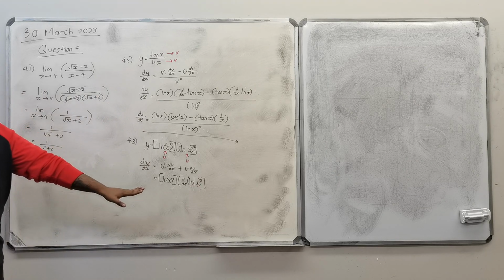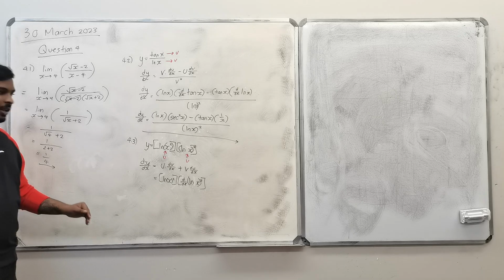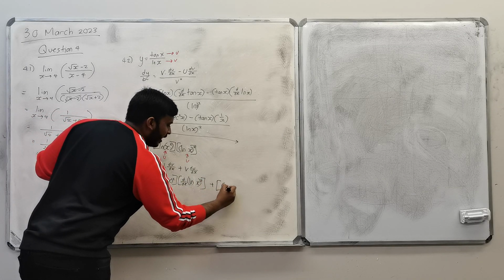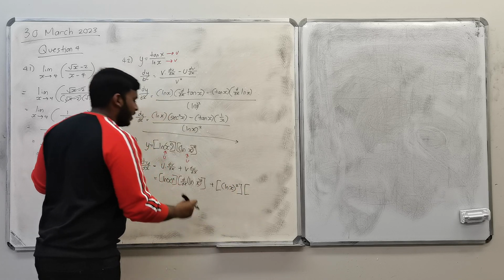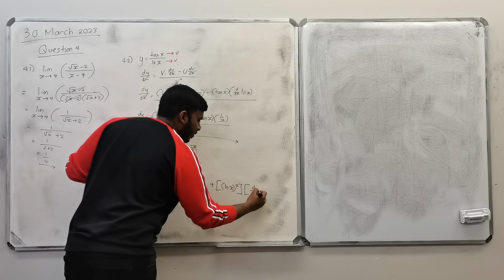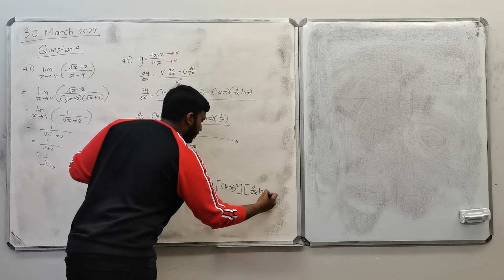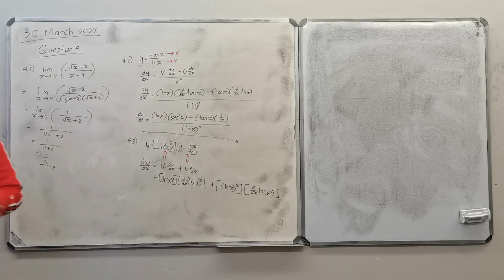Can you see on me? Remember those steps? Okay. Plus v is ln of x squared times d over dx of ln of x. Anybody confused so far? I want you to just look at it and see what I did.